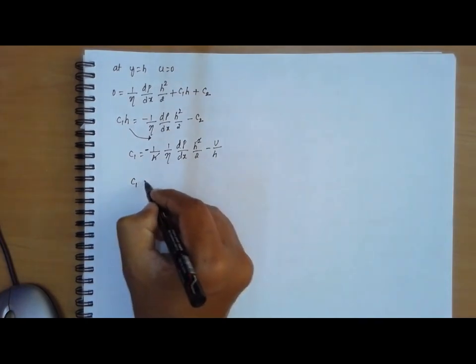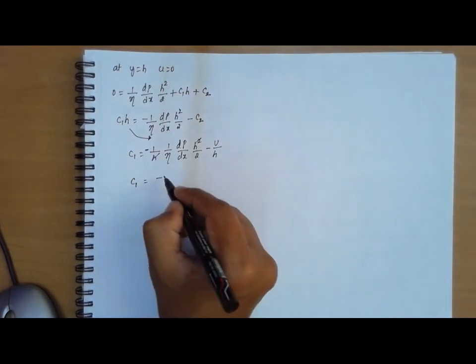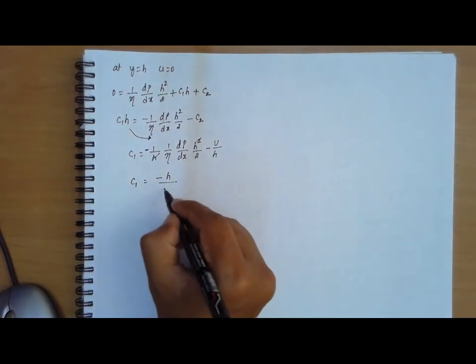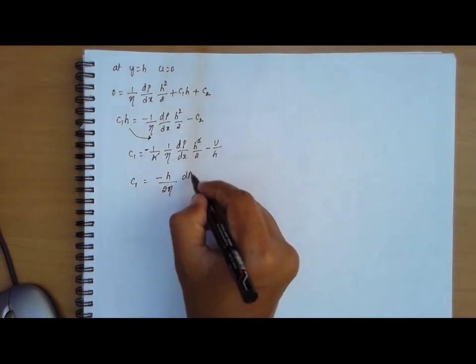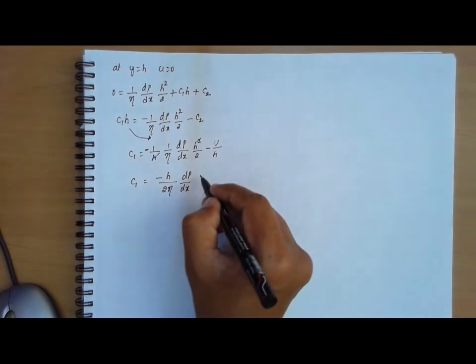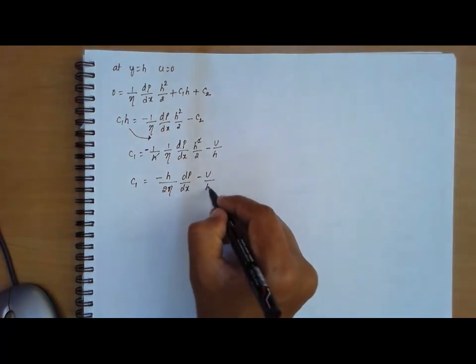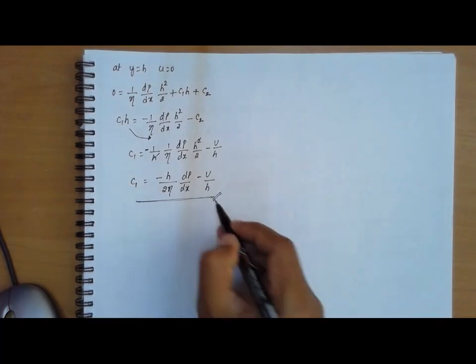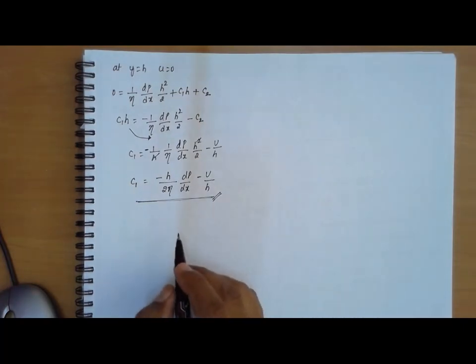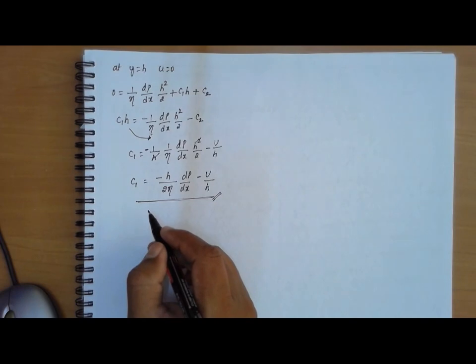So c1 will become minus h divided by 2 eta into dp by dx, minus u divided by h. Now let us substitute the value of c1 and c2 into equation 2.